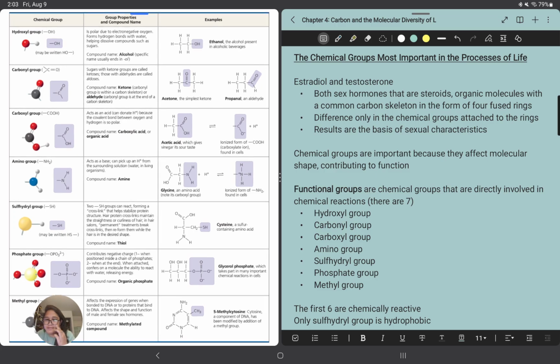So these are the different chemical groups that are important in the process of life.